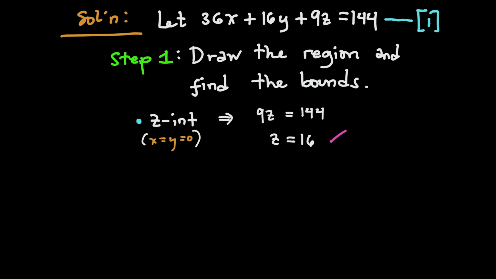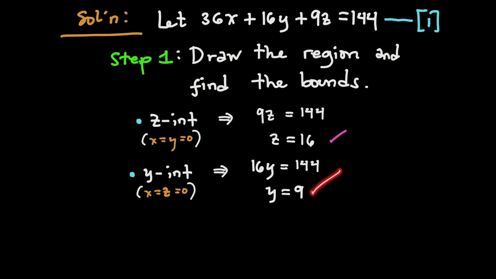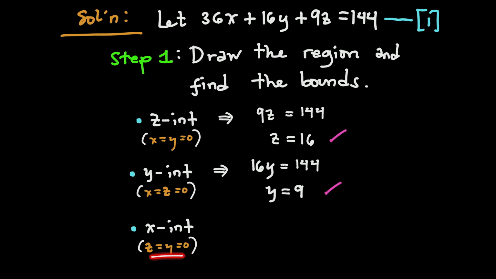Applying the same concept for the y-intercept, we have x and z equal to 0, which gives 16y = 144. Dividing 16 on both sides gives y = 9. For the x-intercept, setting the others to 0 gives 36x = 144, which gives x = 4.